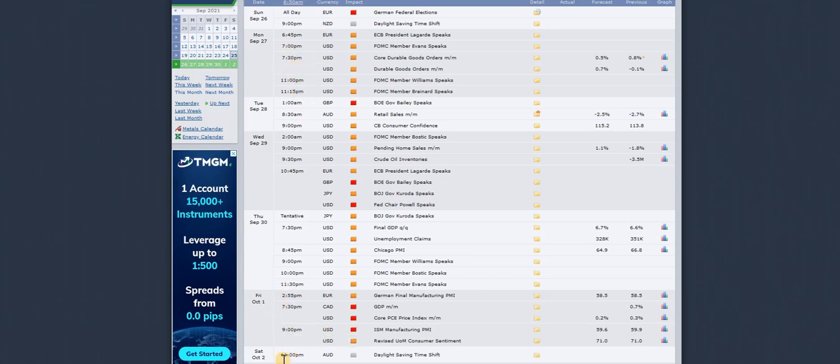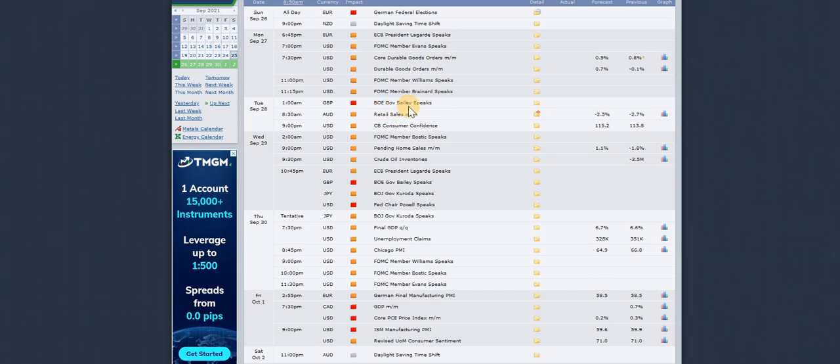I can see down the bottom here, daylight saving time in Australia changes on Saturday, October the 2nd. Another thing that does my head in, daylight saving time. Anywho, let's have a look. I'm really only interested in the red, the high impact events. There's not many. Germany's got their elections on Sunday, this Sunday.